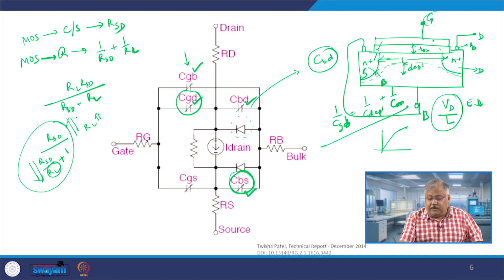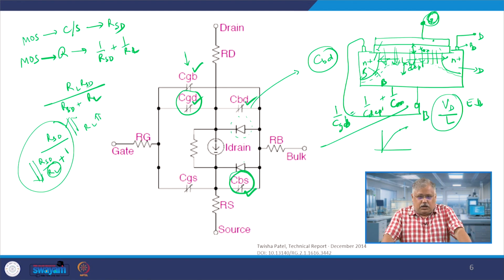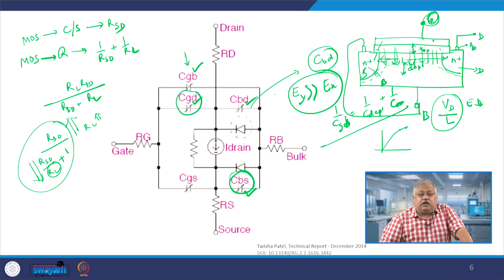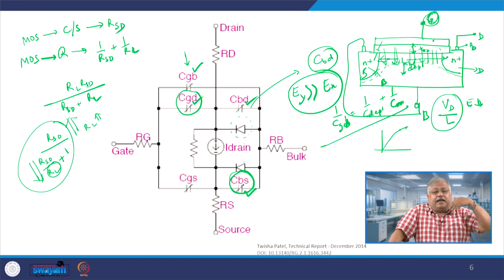However, if your gate voltage has been applied and you are over threshold, then the electric field in the transverse direction, which is this side, is relatively very large, which is responsible for pulling all the charge carriers to the silicon dioxide interface, which means that the electric field along the vertical direction, let us suppose EY, is much larger as compared to EX. This gives you the concept that I can actually use a one dimensional Poisson equation to solve and get the value of the variation of the potential along the y direction.